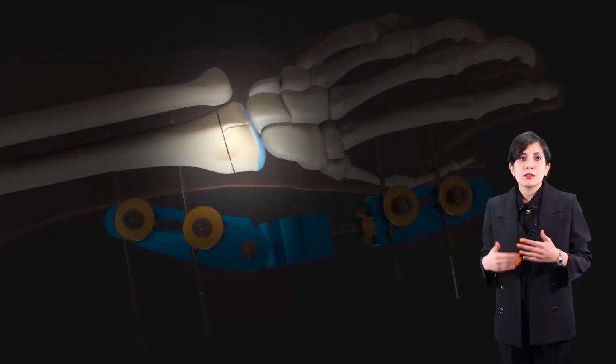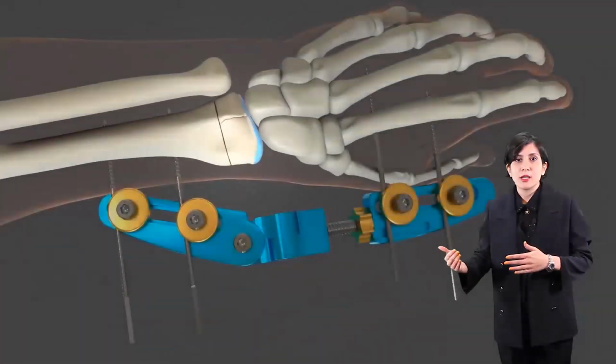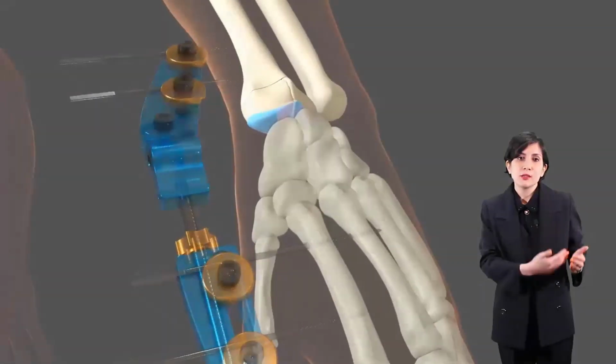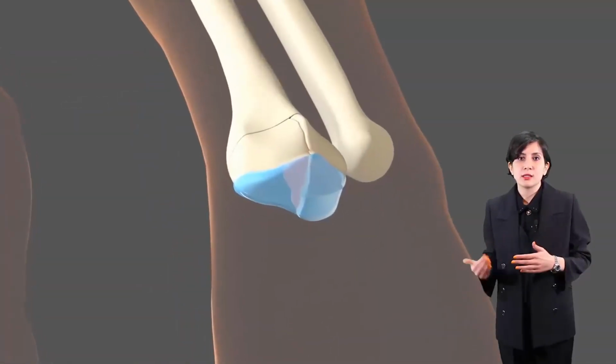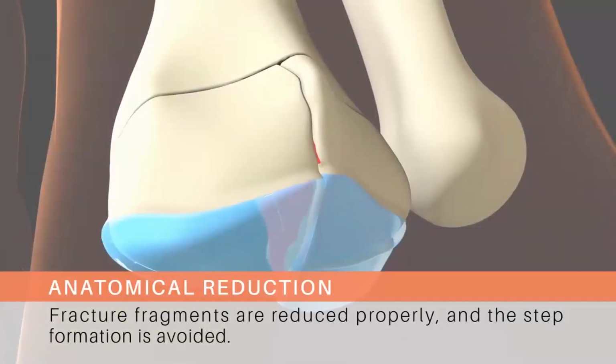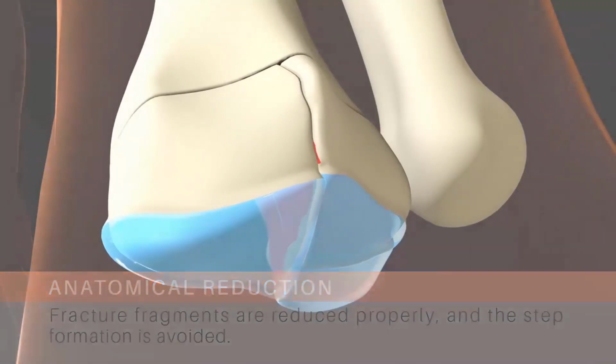We then angulate the joint that moves in the vertical surface equal to the intact side palmar tilt and the joint that moves along the horizontal surface equal to the radial inclination, and tighten them. The distraction force is exerted and the fracture fragments will be reduced properly, avoiding the step formation.